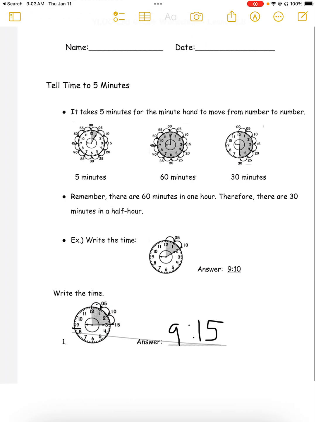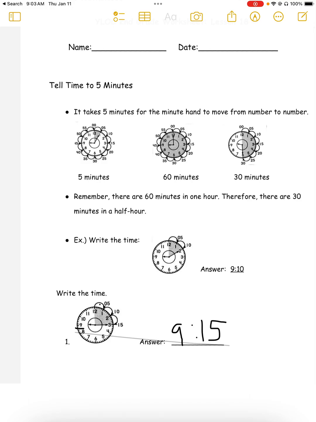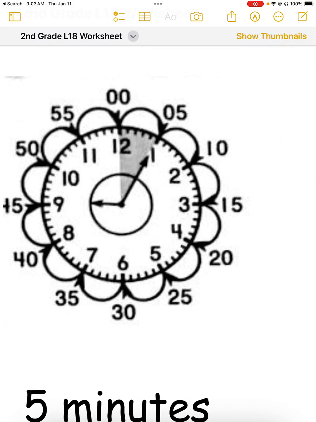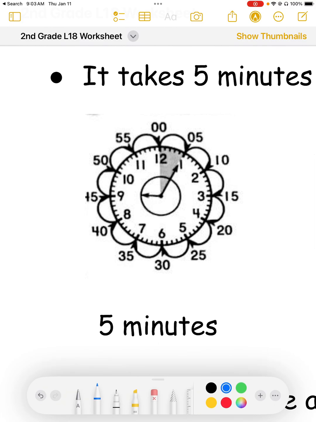And how to tell the time is that the larger hand means the minutes, but the smaller hand means the hour. Each time it skips to 1, 2, 3, 4, 5, we have to count by 5, just like it says right here.